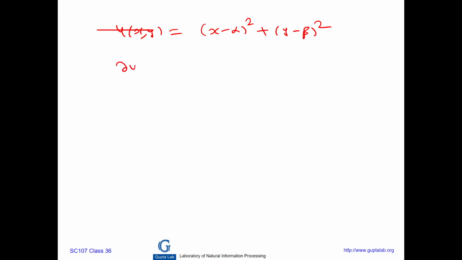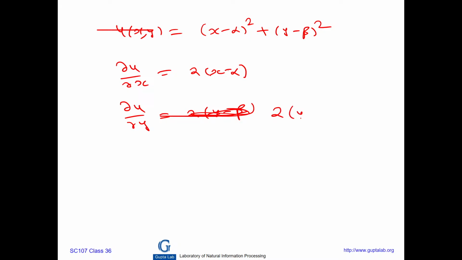So del u over del x will be 2 times (x minus alpha), and del u over del y is nothing but 2 times (y minus beta). Right? Now I can just substitute these things back.